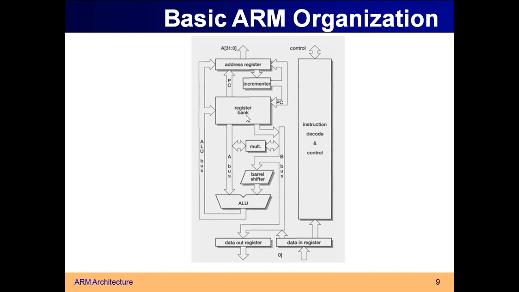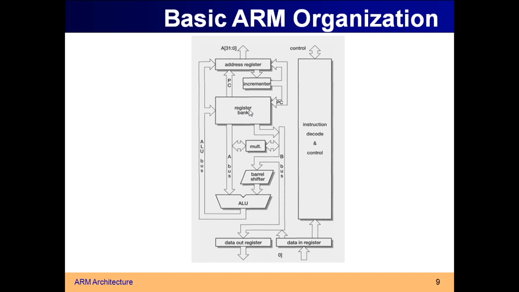The first data will be sent from the register file to the ALU through the A bus. The second operand will be sent through the B bus to the ALU. Here you can see that between the A and B bus you have a hardware multiplier. You can perform 32 into 32 bit multiplication in a single cycle.